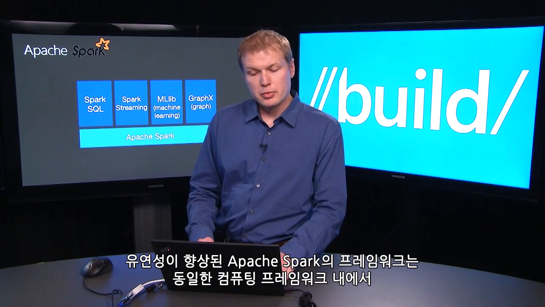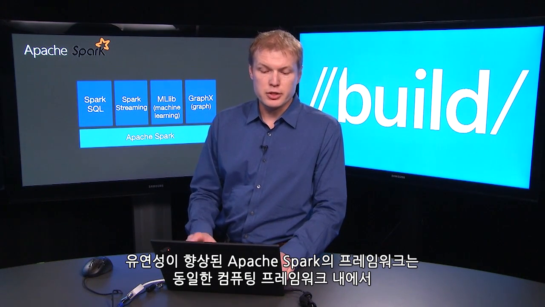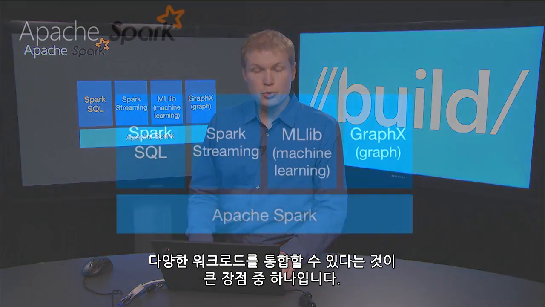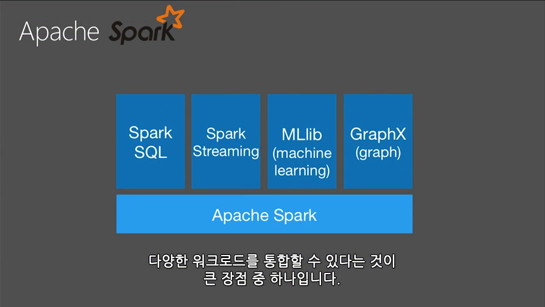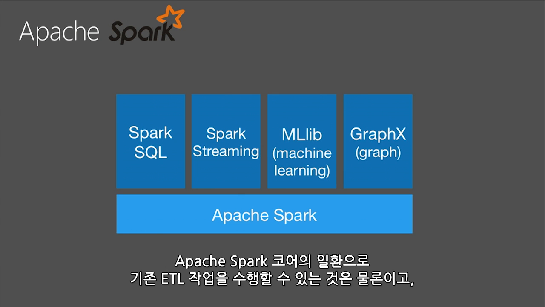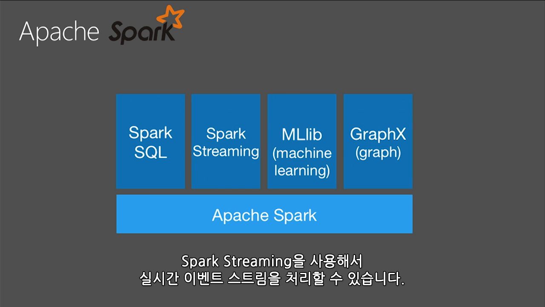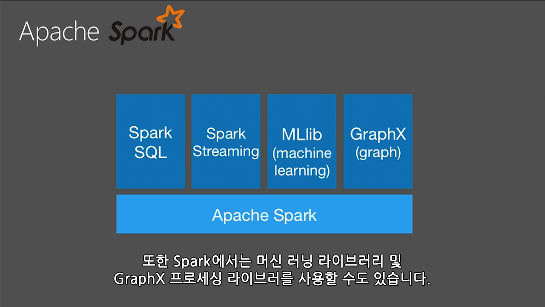One of the great advantages of this more flexible framework of Apache Spark is its ability to unify various workloads within the same computational framework. Not only can you do traditional ETL jobs as part of Apache Spark core, you can also do interactive SQL queries using Spark SQL. You can process a real-time stream of events using Spark Streaming, and there are also machine learning libraries and graph processing libraries available for Spark.